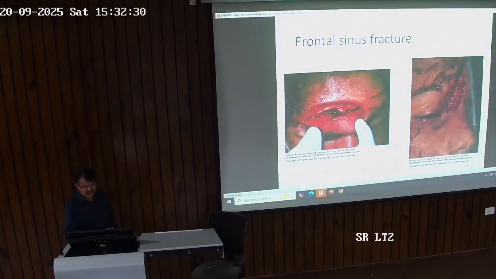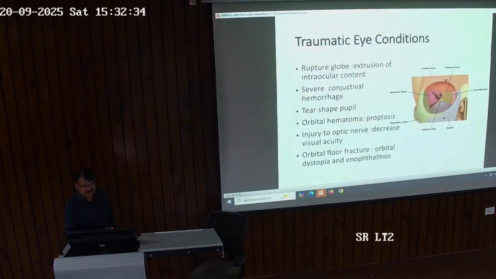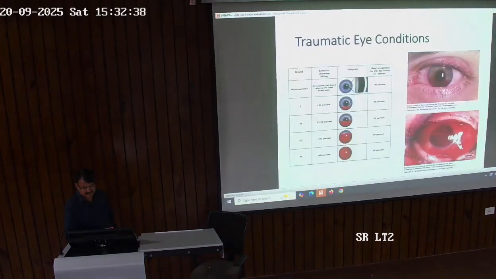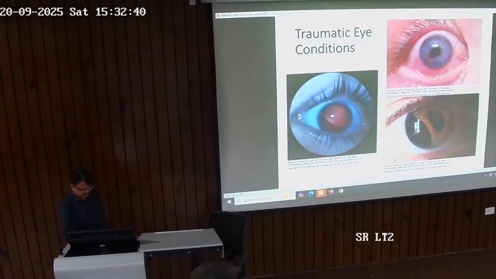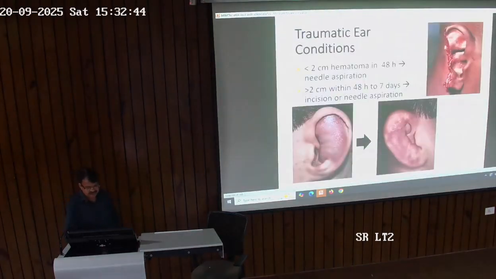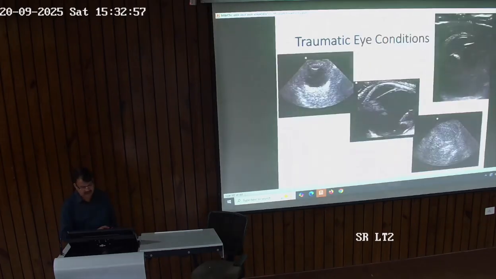These are different pictures of lacerations and fractures of the face, so these are the fractures of the maxilla, mandible and nasal bones.